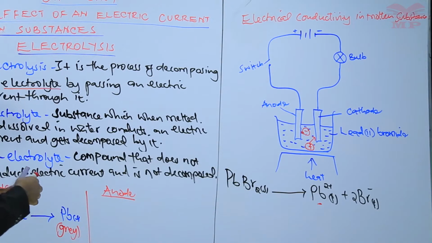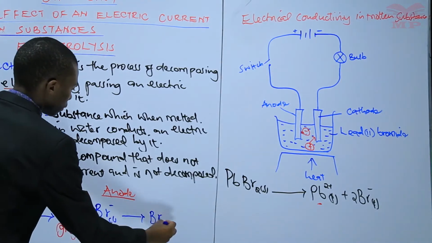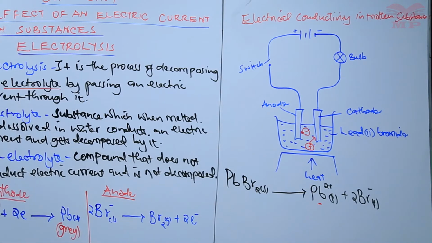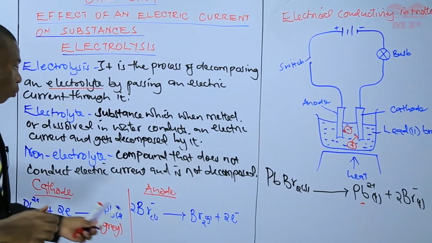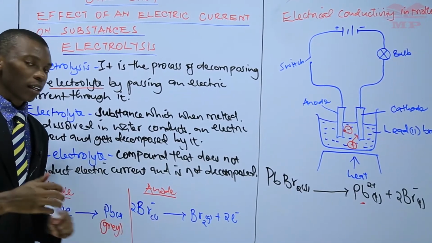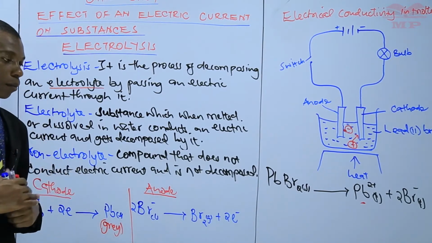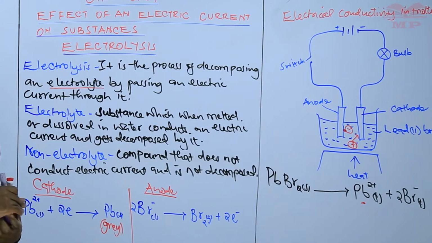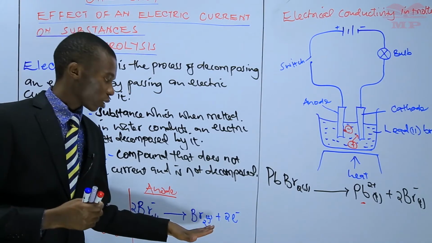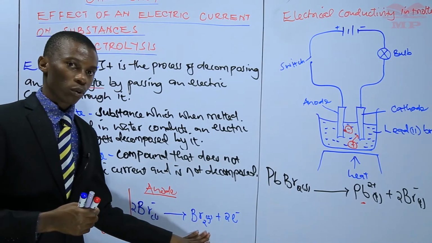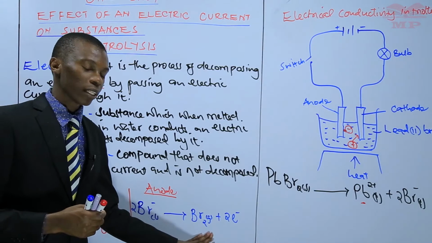And therefore, this is what happens. That is the equation at the anode. Bromide ions which are now in liquid form, they lose electrons. When they lose electrons, it becomes bromine gas.